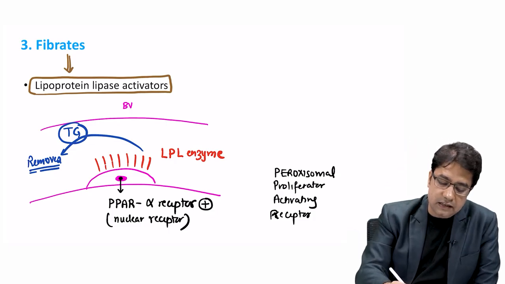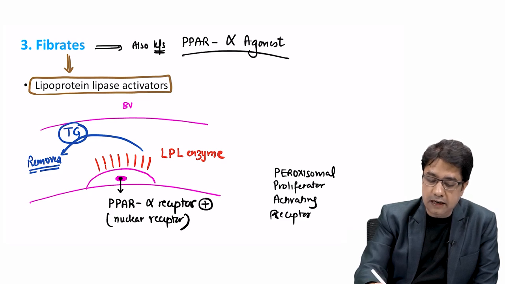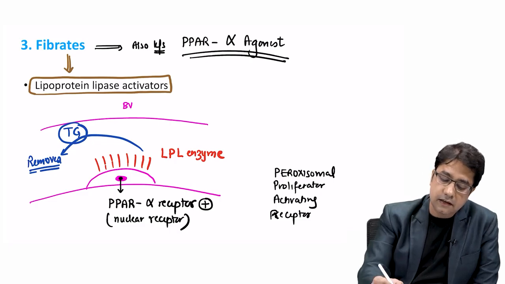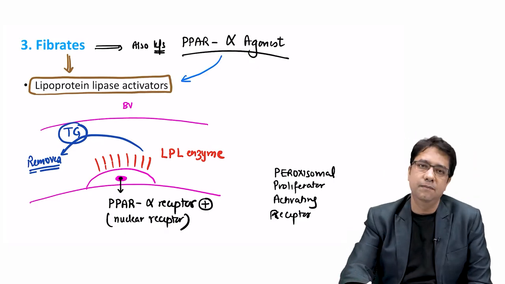So these fibrates are hence also known as PPAR alpha agonists. Because they stimulate the PPAR alpha receptor, they increase the production of which enzyme? They increase the production of lipoprotein lipase enzyme.